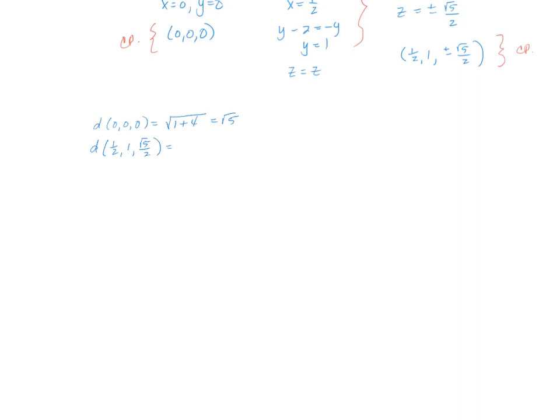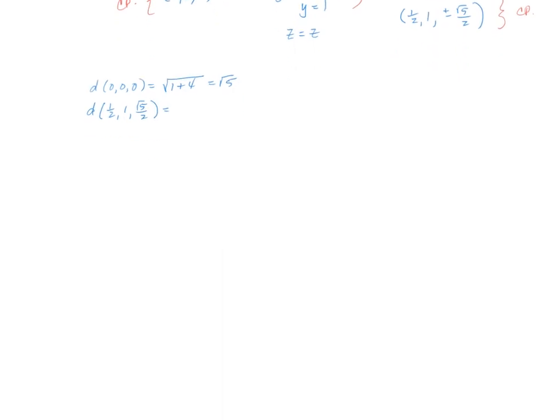Also notice that if I put in the negative square root of 5 over 2 into my distance function, since I'm squaring z, it'll give me the same value. So I just have to check this one. It looks like that would be 1/4 plus 1 plus 5 over 4. So the square root of 10 over 4, or the square root of 10 over 2.